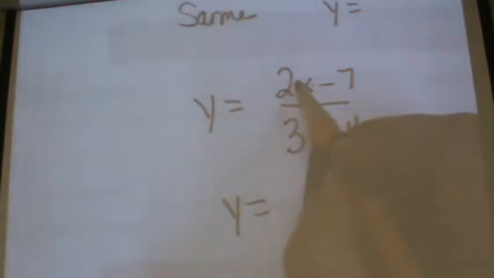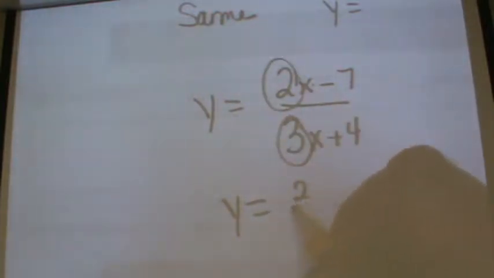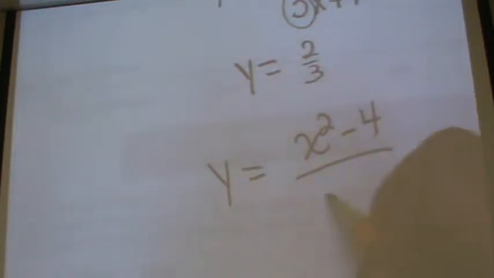Your horizontal asymptote will be 2/3. If I give you y equals x squared minus 4 over 3x squared plus 1, what would this be? Y equals 1/3. You take the leading coefficient of the numerator over the leading coefficient of the denominator.